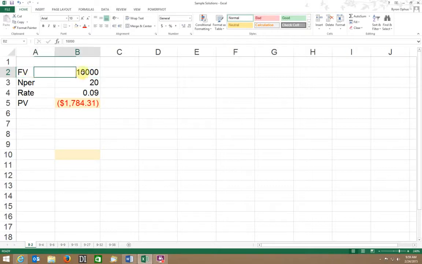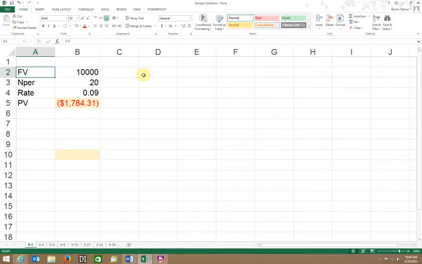But that money that we're looking at there, that $7,900 in your guys' problem, we're going to call that our future value, because that's what it's going to be worth at some time in the future. And I abbreviate that just FV. You can certainly type out the future value if you'd like, but I abbreviate it just FV for future value. And in my case, I used $10,000 as opposed to the $7,900 that you guys have in your problem.